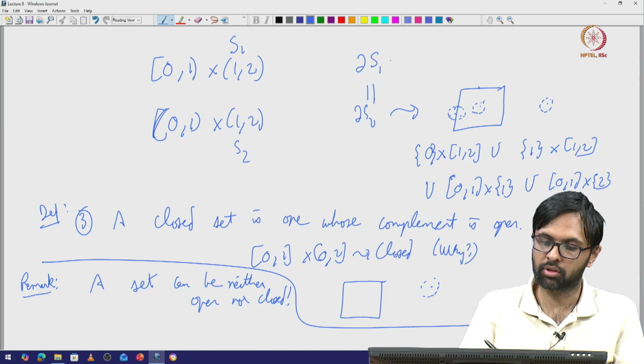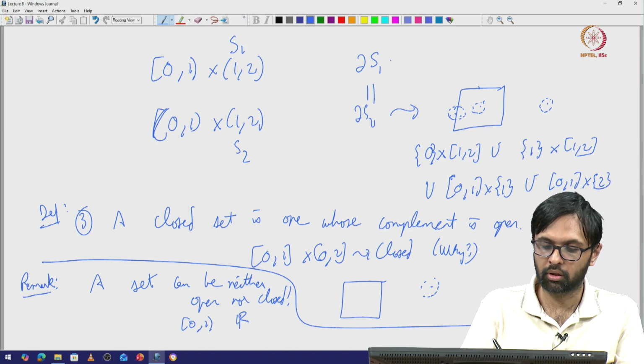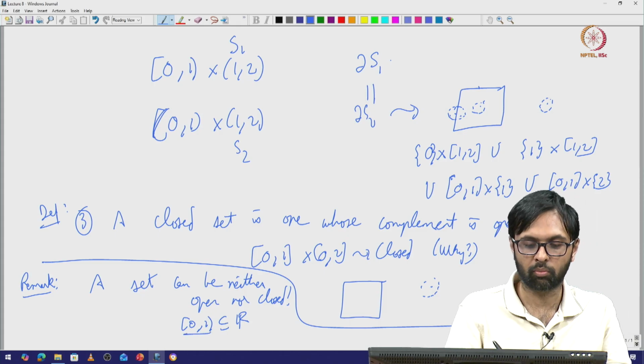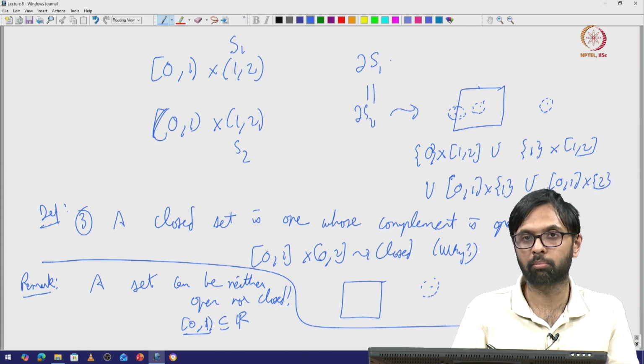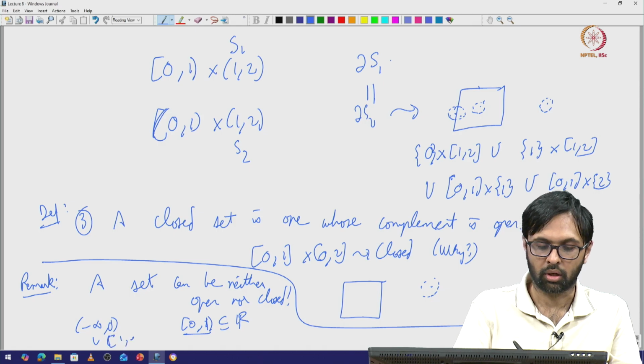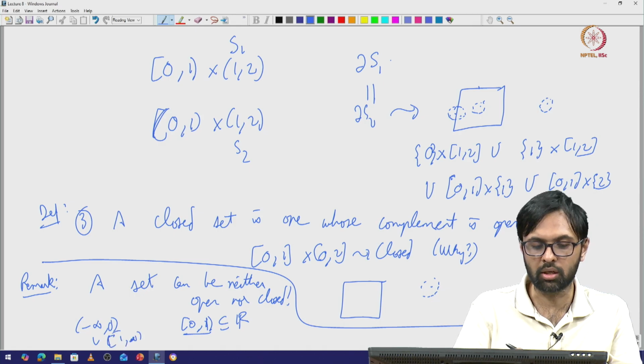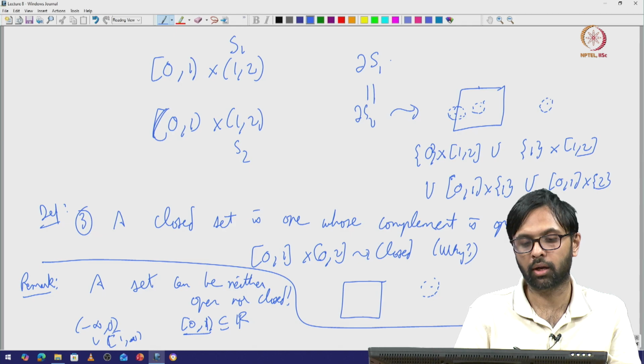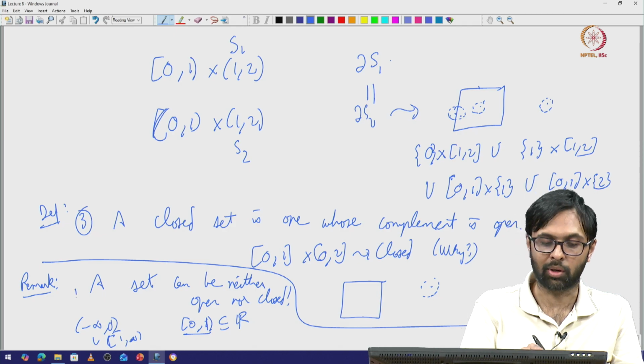Right, for example, if you just take in R a semi-open interval, this is neither open. Why is it not open? 0 is not an interior point. It's not closed either because what's its complement? The complement consists of this. And the complement is not open because 1 is not an interior point, right? That's one remark.